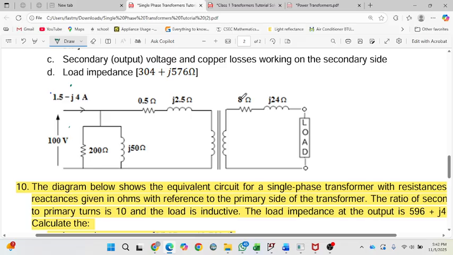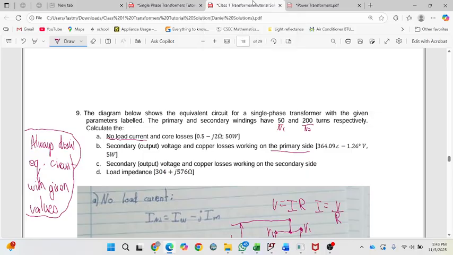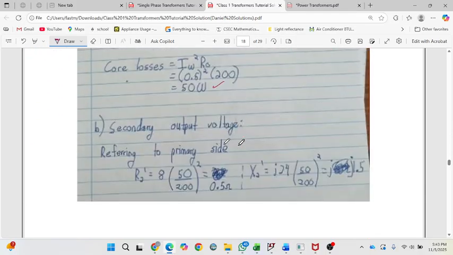That gives you your R2 prime. Your X2 prime will be your J24 times N1 over N2, all squared. When you add the equivalents on both sides, you end up with the impedance working on the primary side.